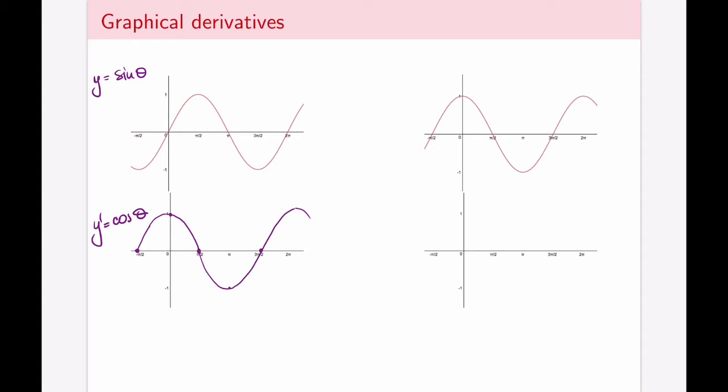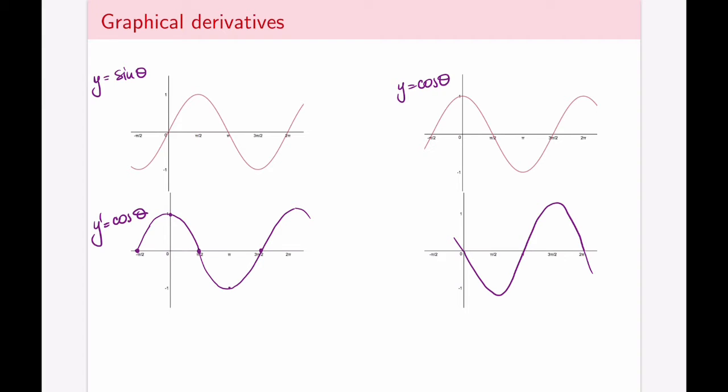If I start with the cosine as the graph, then following similar logic, I can produce the graph of its derivative. And I encourage you to actually go through this process to notice that the graph you're going to get is going to look something like this. And again, because it's a trigonometric function to begin with, the derivative of it will also repeat.